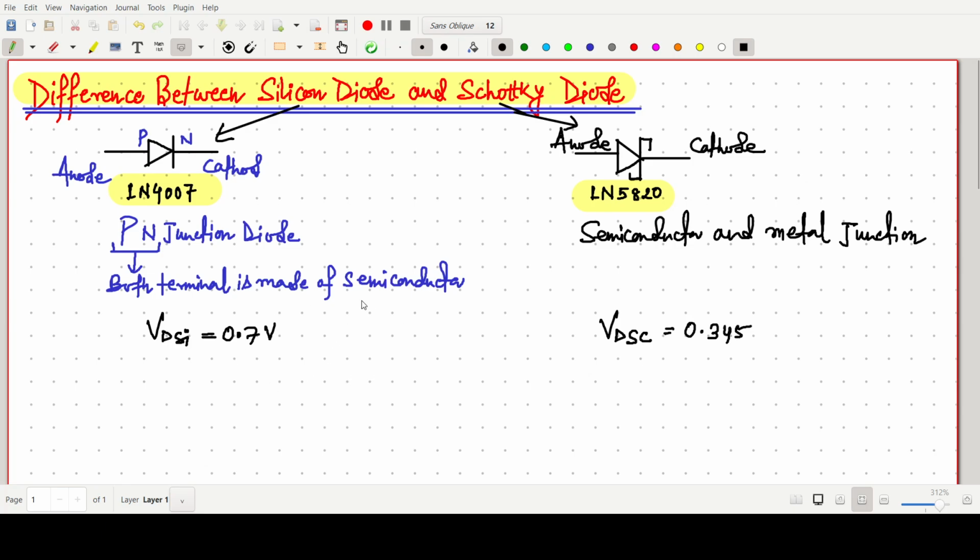One of the major advantages is that the cut-in voltage VD of silicon is always greater than VDSC. I am just highlighting this one.